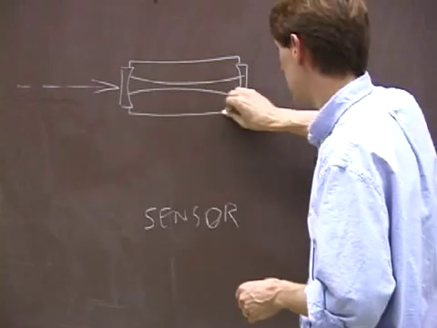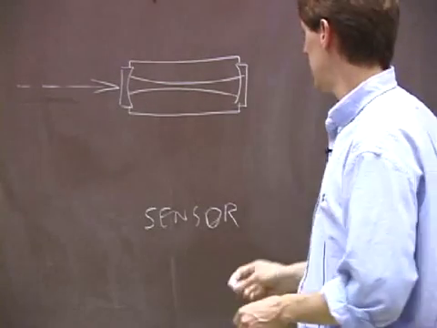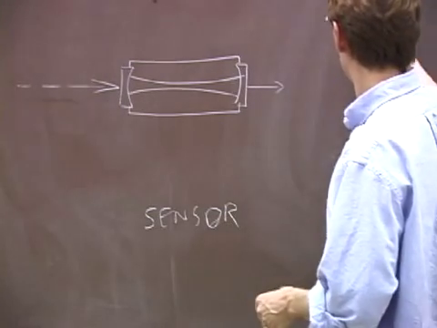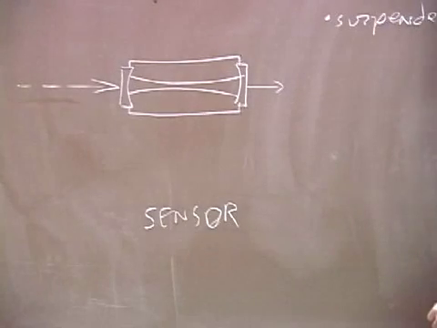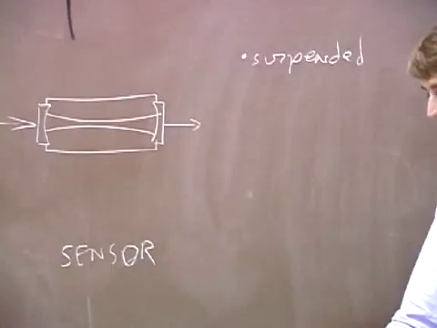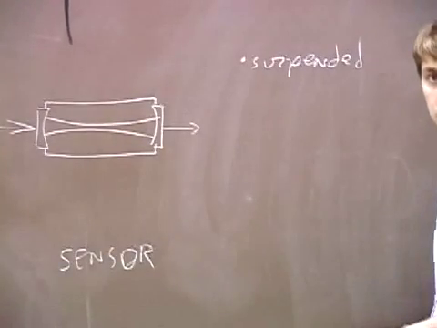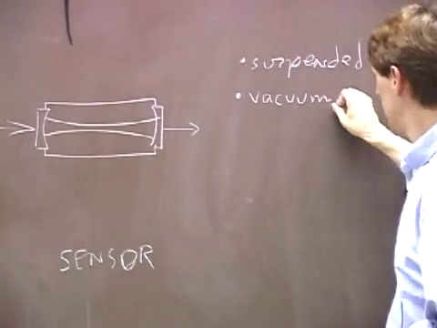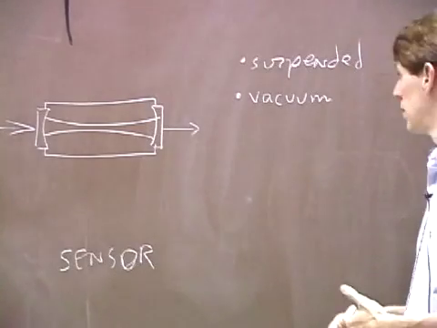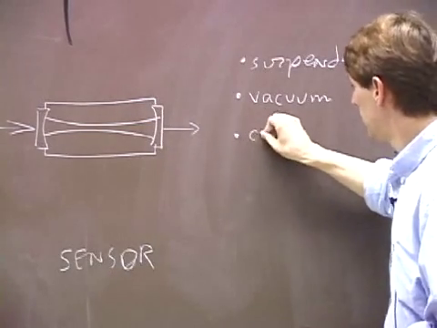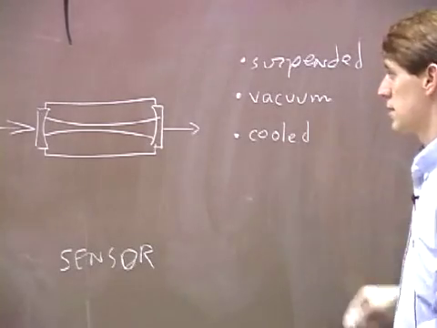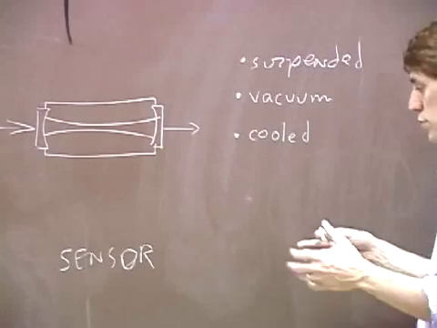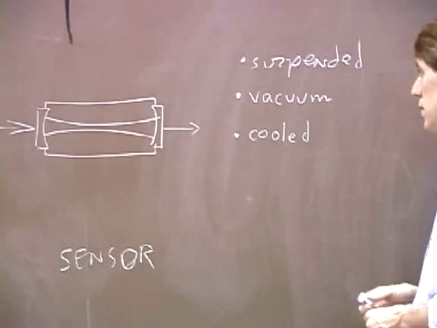This thing can have a fixed length spacer, it can have nothing in between the mirrors, it might be suspended from wires to keep the excitations from people walking around on the ground outside from exciting it. It might be under a vacuum to get rid of acoustic excitations. It might even be cooled. People have taken these things and cooled them down to 4 Kelvin or 2 Kelvin and reduced the thermal excitation, the thermal noise in the cavity itself.